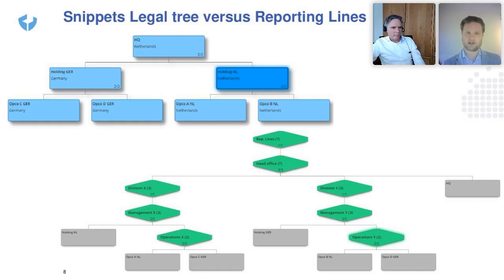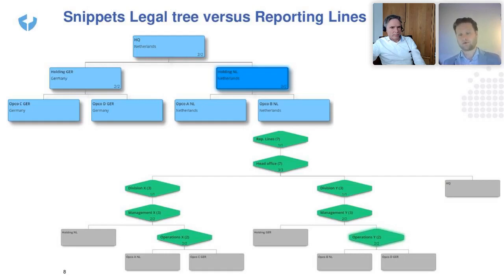If we focus on the left one, division X, we see that there is a management of division X, which is the Dutch holding, and we see the operations in X, which is OpCo A, active in the Netherlands, but also OpCo C, which is active in Germany. Both those OpCos report to the Dutch holding, and the Dutch holding reports to HQ.